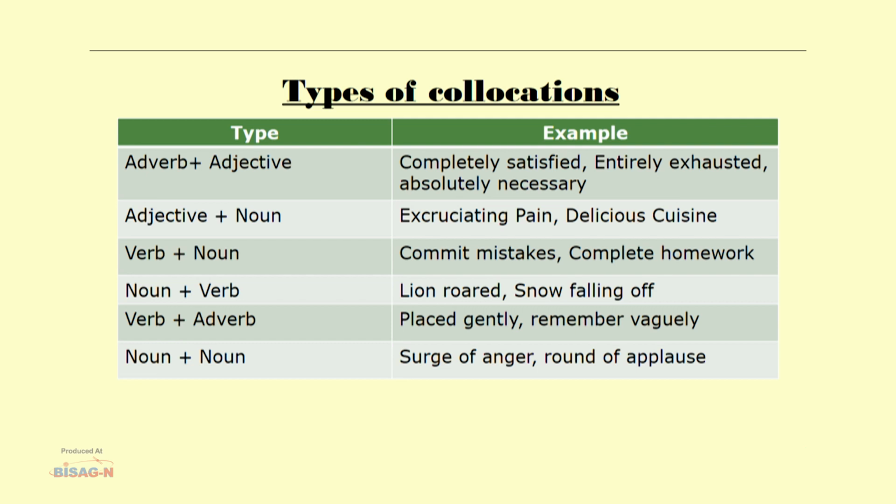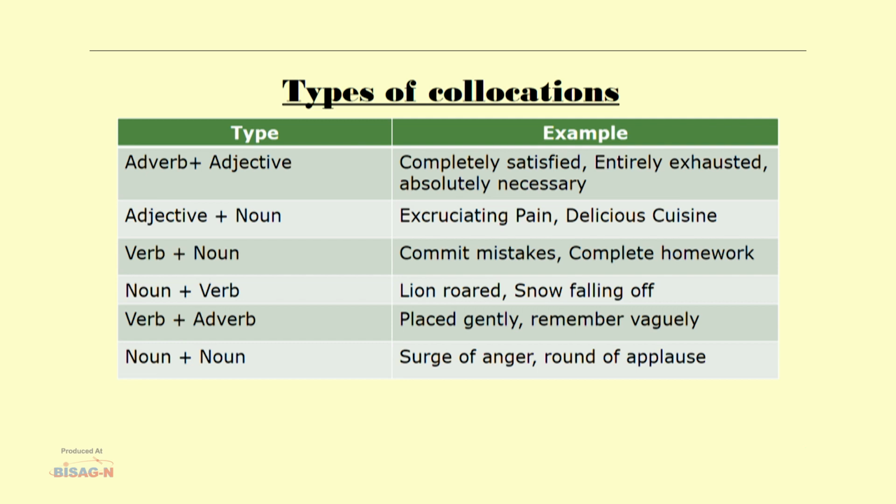And pain and cuisine are nouns. So if you combine them in a sentence, you will see, I have an excruciating pain in my knee. Or maybe the party had a delicious cuisine. Last night's party had a delicious cuisine.